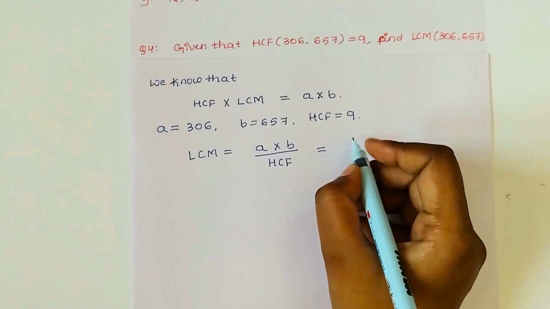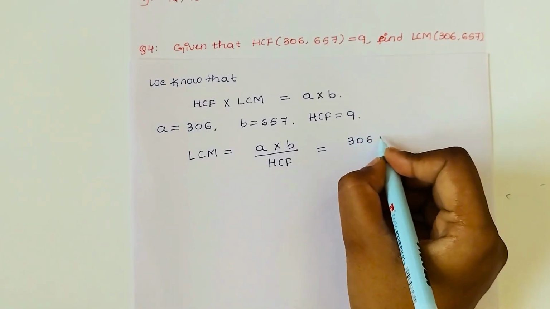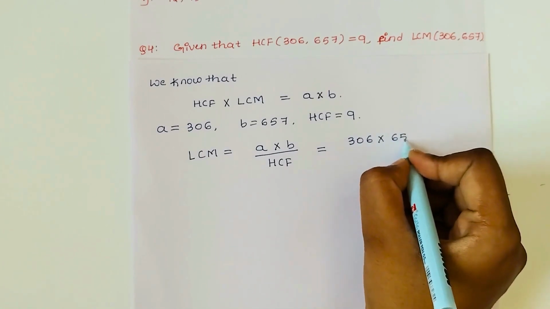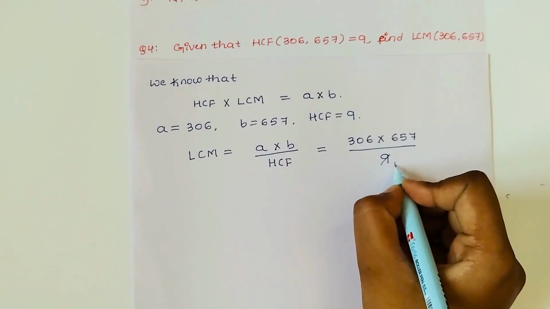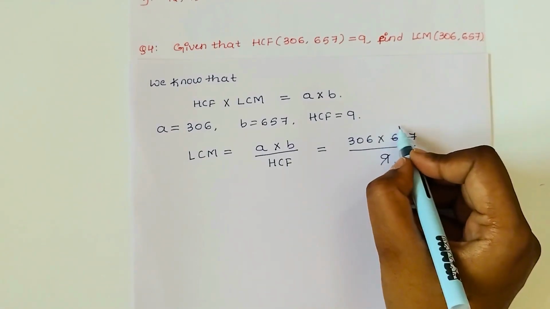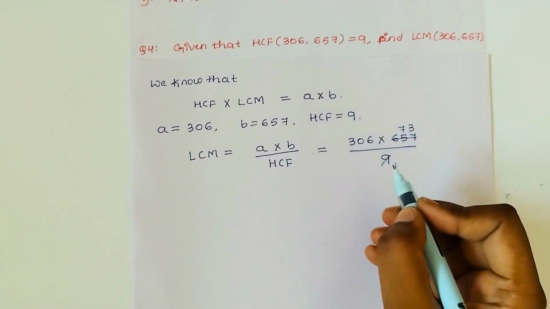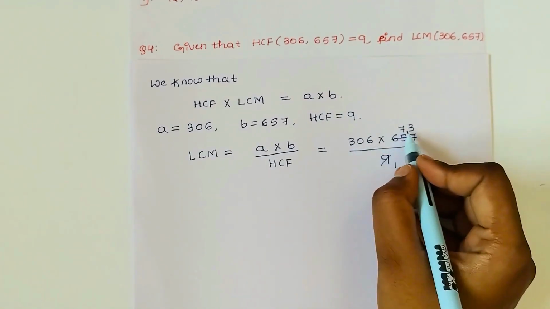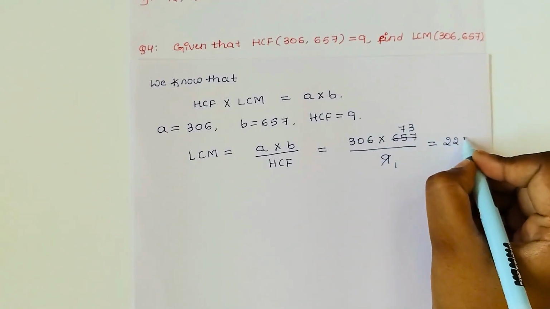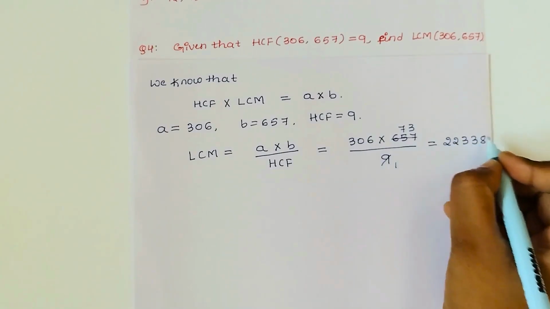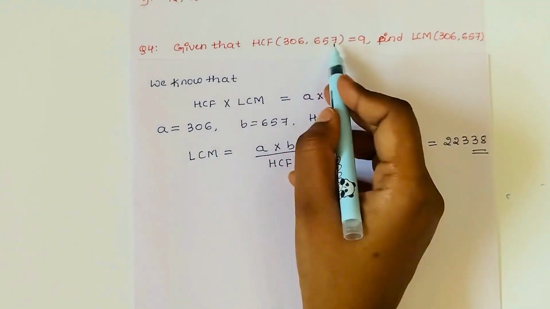Now you just substitute the values of A, B and HCF. That is 306 into 657 divided by 9. 9 ones are 9, 9 sevens are 63. Now it is 9 threes. If you multiply 306 into 73, you will get 22,338. So this is the LCM of these two numbers.